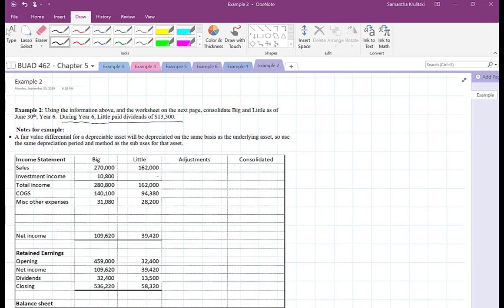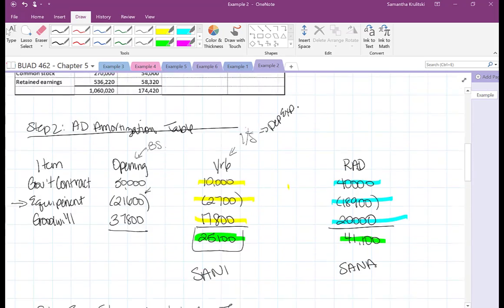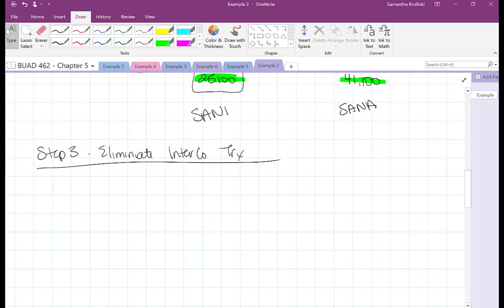So we know that we need to get rid of that $13,500. On the parent side, what is Big recording? Big is recording some investment income. So we need to take that off of the income statement. So we're going to debit investment income.